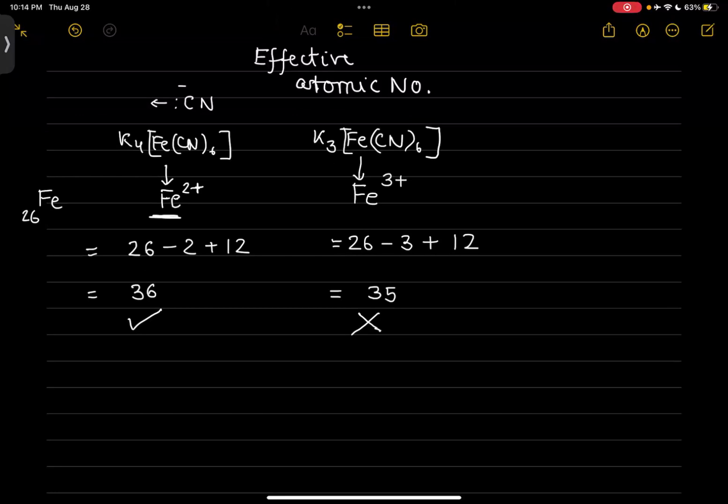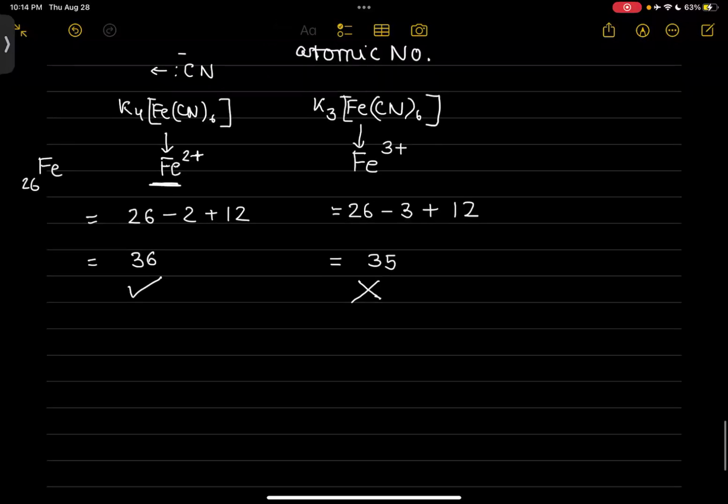So in the earlier theory, be very careful. It was said that wherever this EAN matches with the noble gas, that complex is stable. And wherever it doesn't match, that complex is unstable. But later it was found that this is not the case.